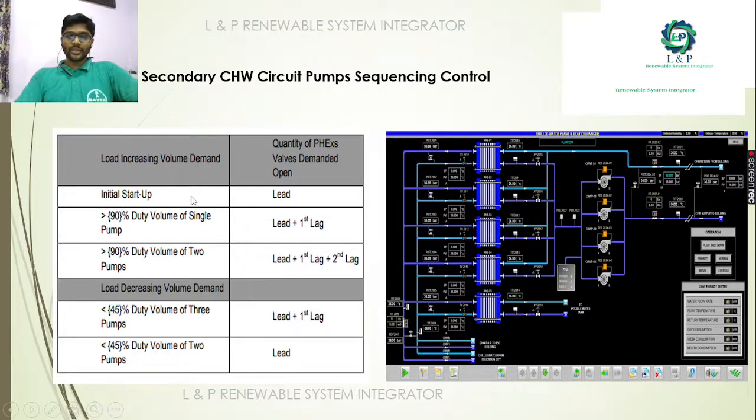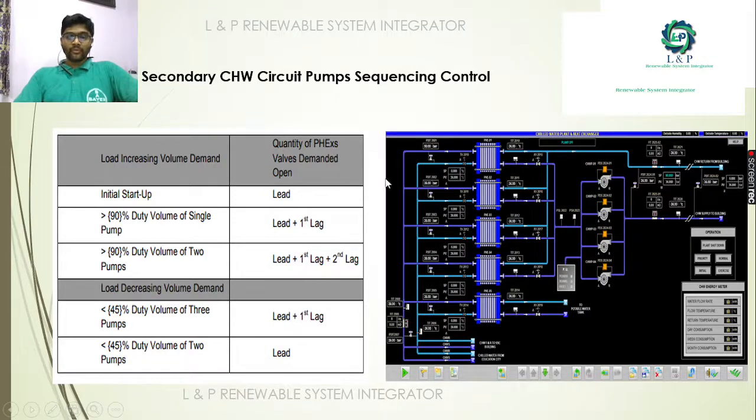During the initial startup only one will open, and if the demand is more than 90% of the duty cycle of the single pump, then the lead plus one lag will open. If the duty cycle is again more than 90% for the two pumps, the third valve will open.